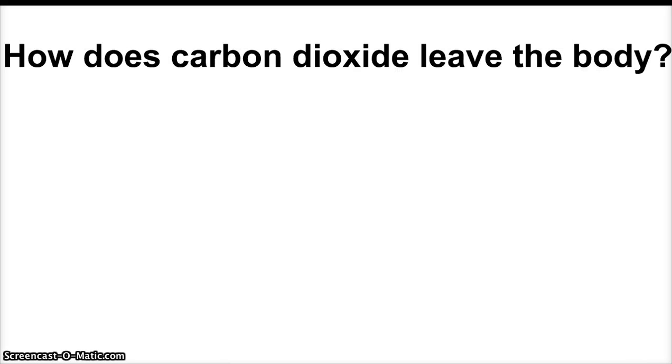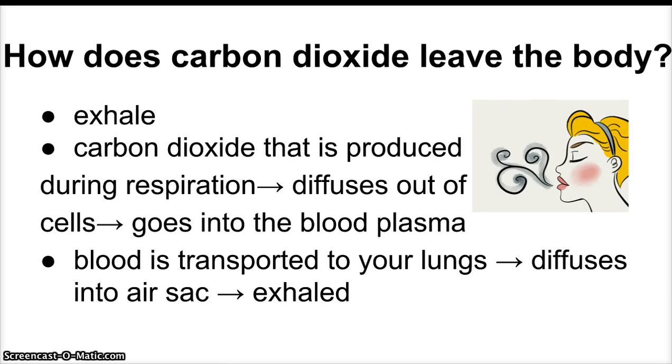How does carbon dioxide leave the body? If carbon dioxide stays in our body, I don't think it will be very pleasant. We get rid of the carbon dioxide in our body when we exhale. The carbon dioxide that has been produced during respiration diffuses out of our cells, and then it goes inside the blood plasma.